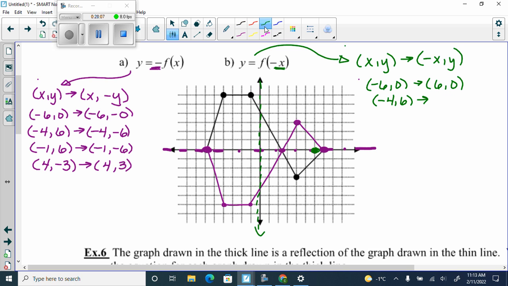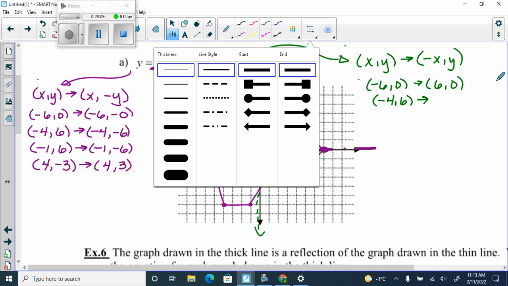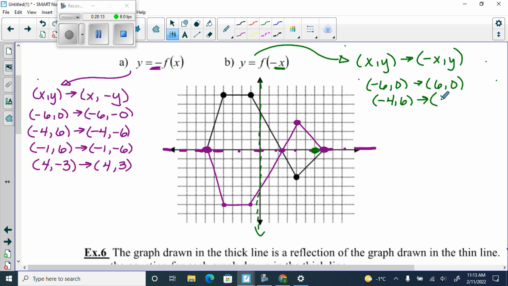I need to grab a mitt. 4, 6. And then negative 1, 6 is going to become 1, 6. Then this is going to stay the same because it's on the y-axis.